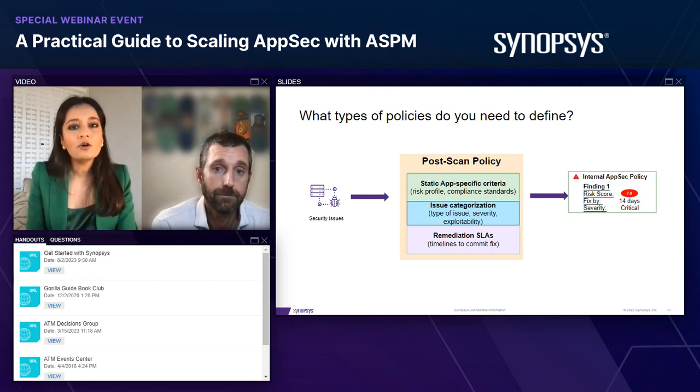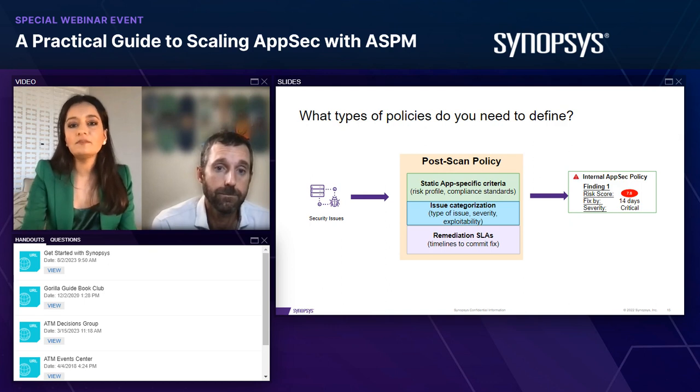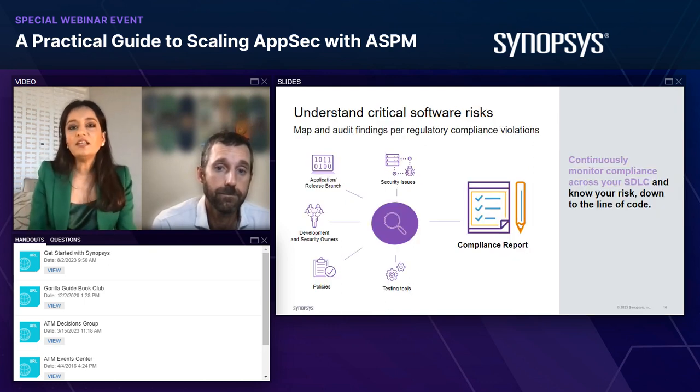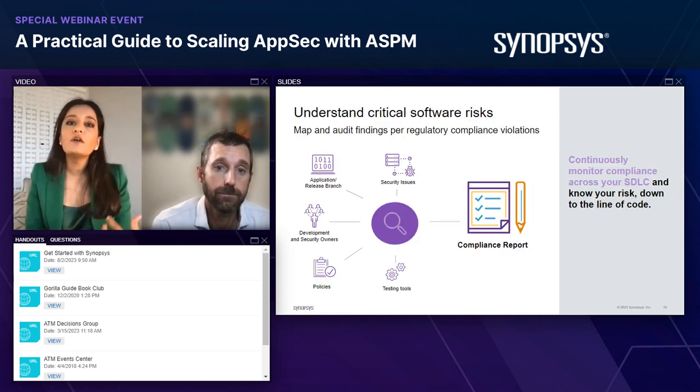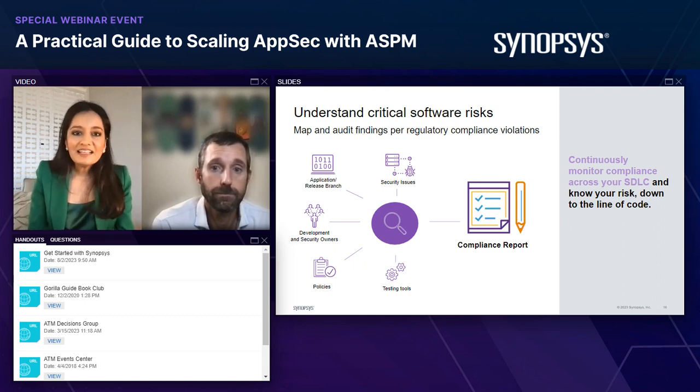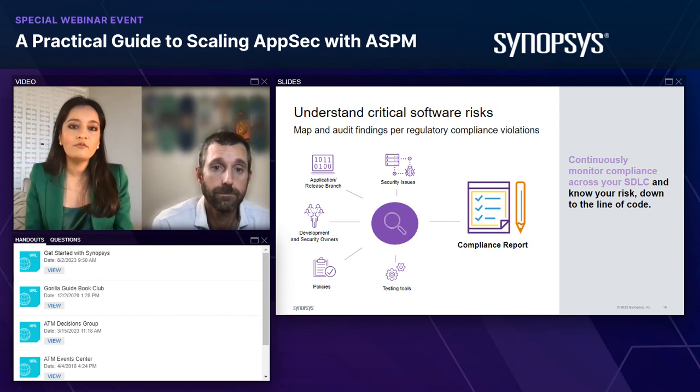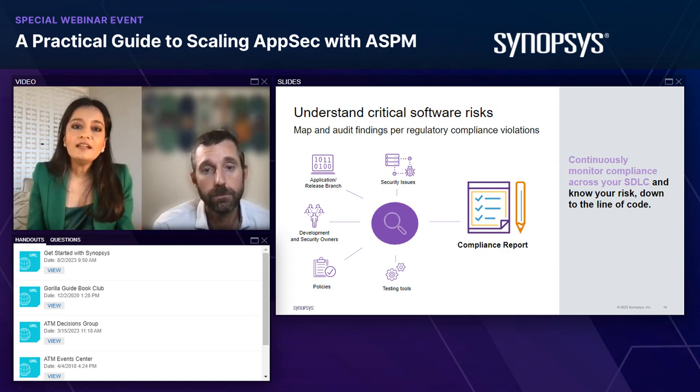And these are all points that really tie this entire part together in giving you an overall picture of software risk. And I think the derivative of so much you talk about with all of these components of the technical aspects of why an ASPM solution has to have these components to really have teeth is that it gives you this holistic picture of software risk when you are auditing line by line, down to the line of code.